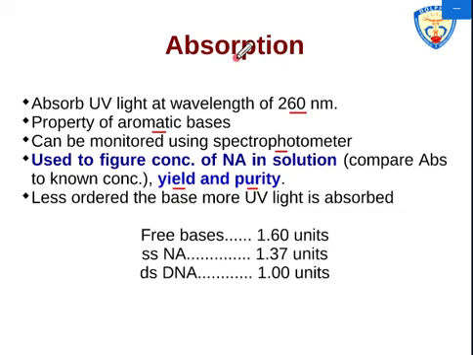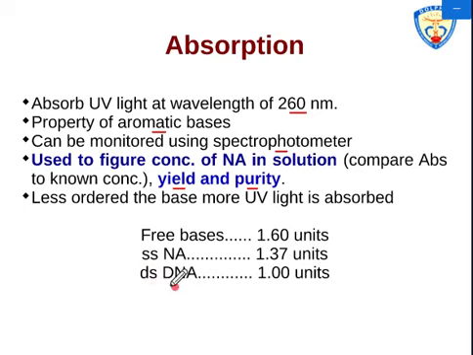Now this property of absorption is because of the nitrogenous bases. So the free bases give us maximum absorption value. The single-stranded nucleic acids and the double-stranded DNA or RNA molecules will give us an absorption value that is lower than the value given by the free bases.